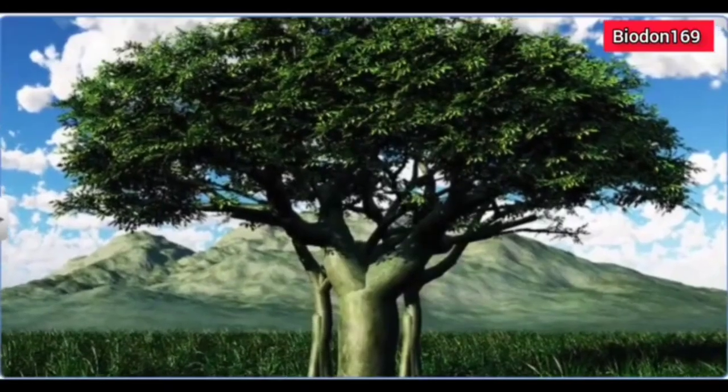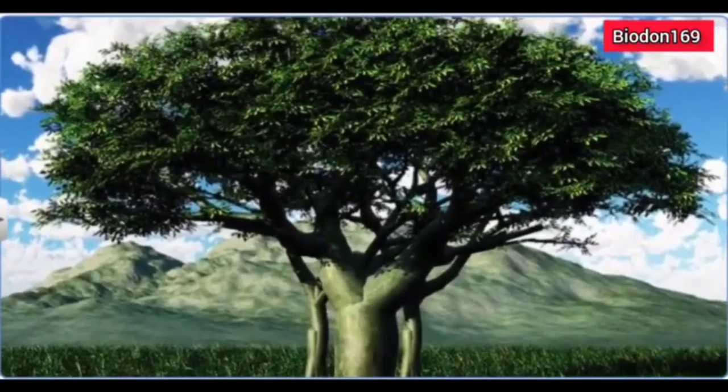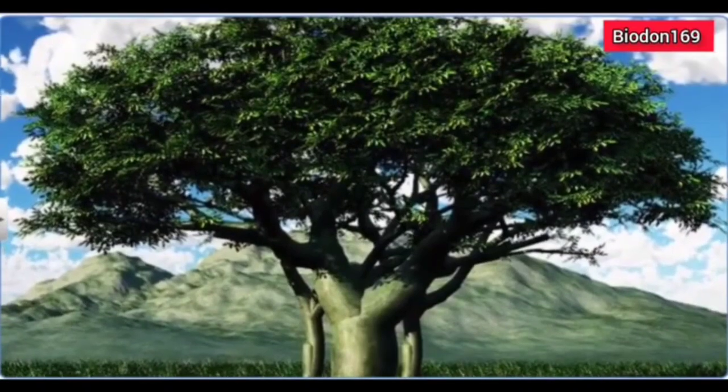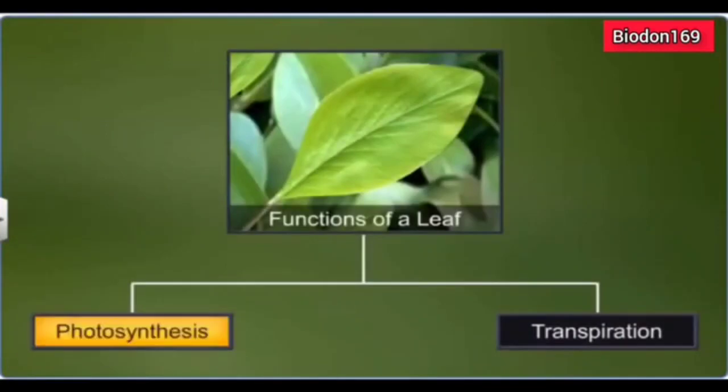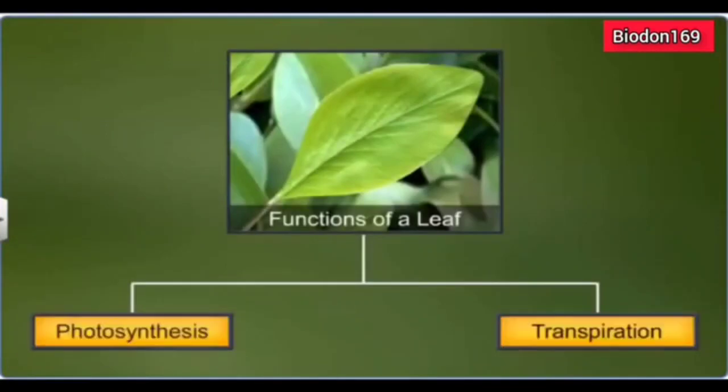Leaves are the most visible organs of a plant. They perform many crucial functions such as photosynthesis and transpiration, in which their internal structure plays an important role.